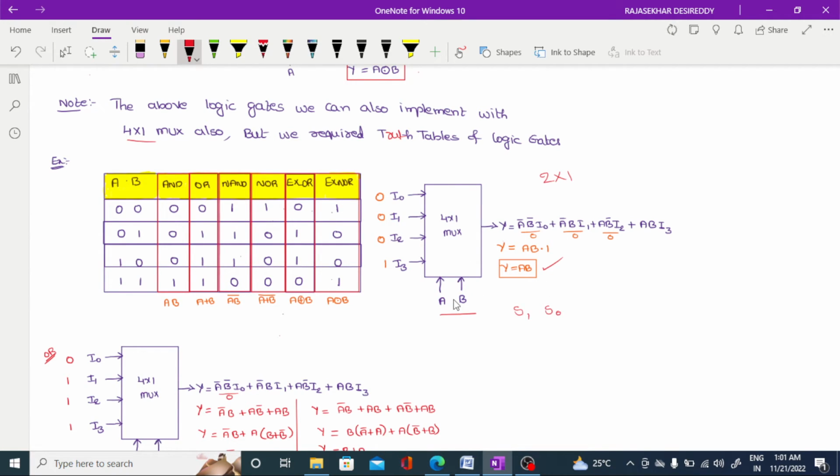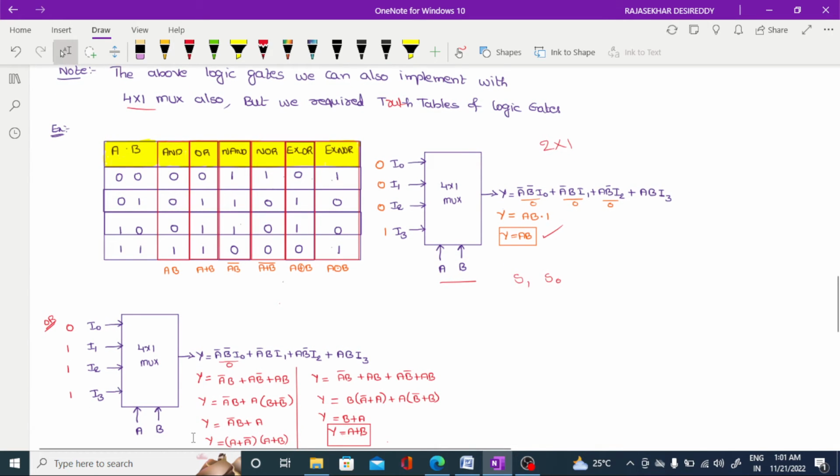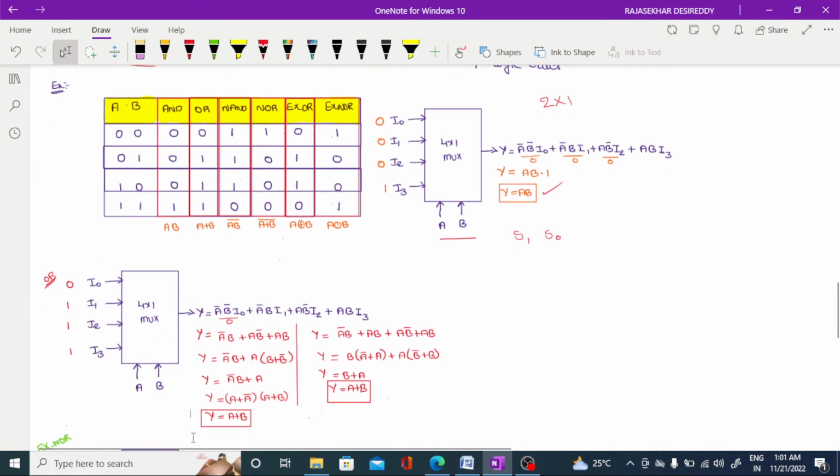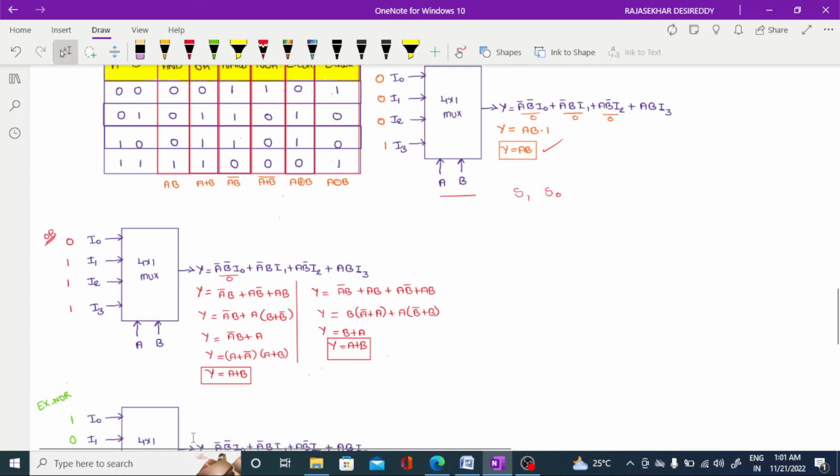Next, the OR gate you can observe here. For the OR gate, the truth table is 0 1 1 1. So apply that 0 1 1 1 here. Now you can see, substitute here, the I0 value is 0, and the I1, I2, I3 values are 1.